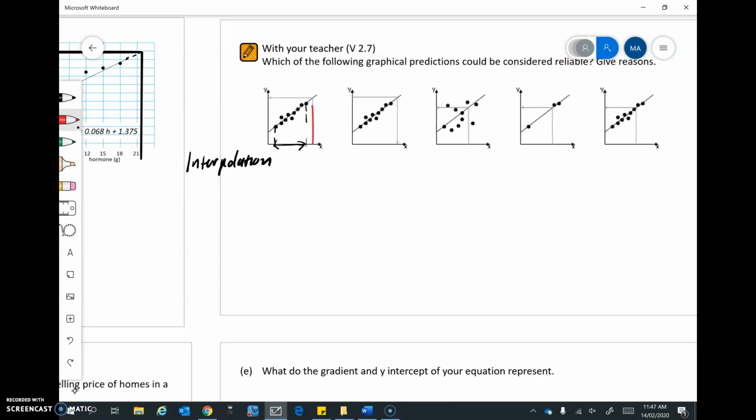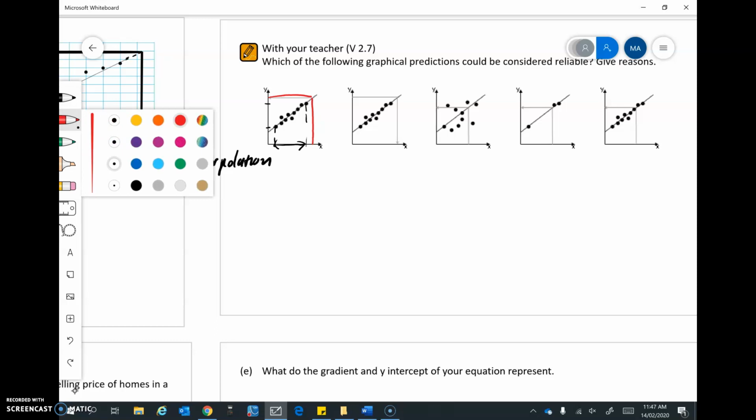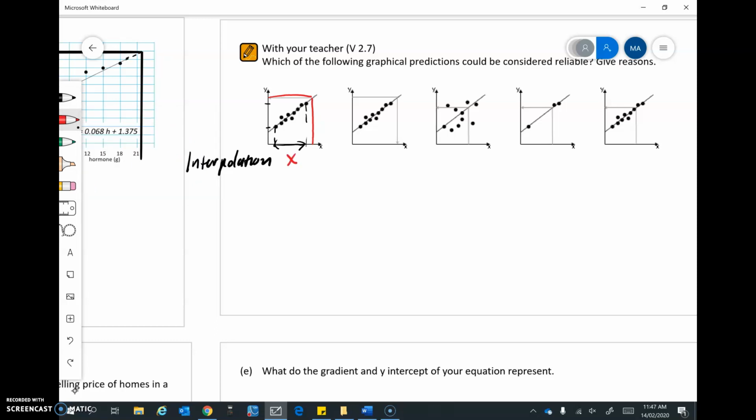What about for y? It's also outside the bounds of that data for y. So that is an extrapolation. This prediction is not an interpolation, it's an extrapolation.